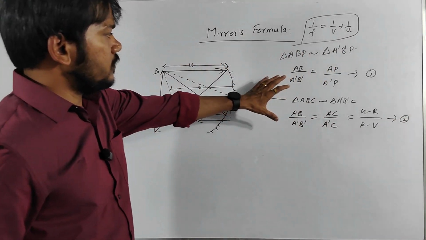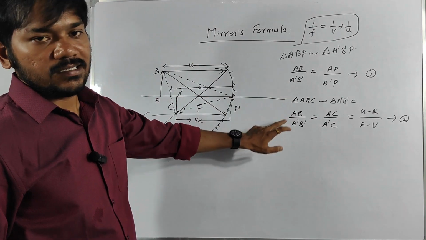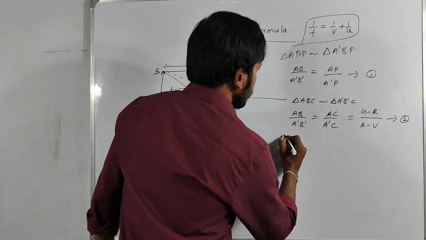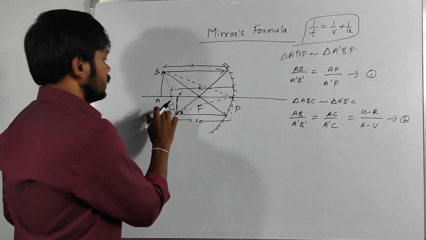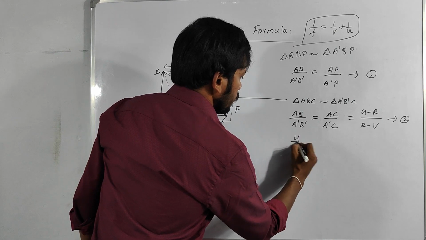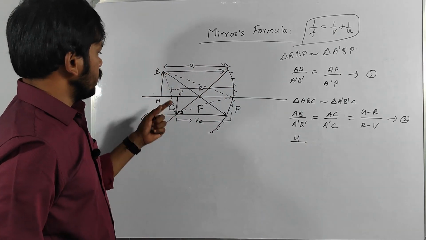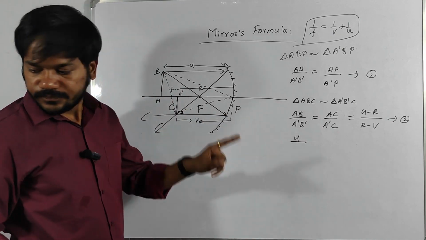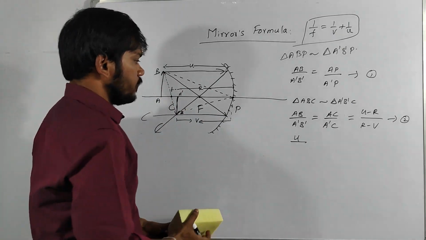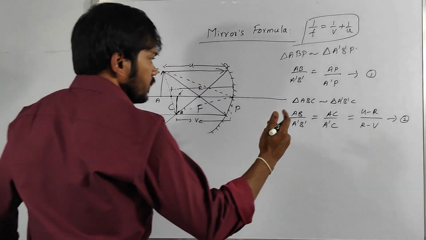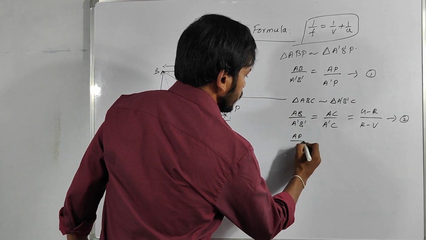Now if you consider the first equation and the second equation, the LHS are equal, hence the RHS will be equal. What is AP actually? AP by A dash B dash, sorry, that is AB. First let us write the equation to avoid confusion.